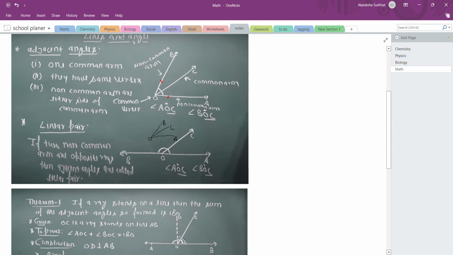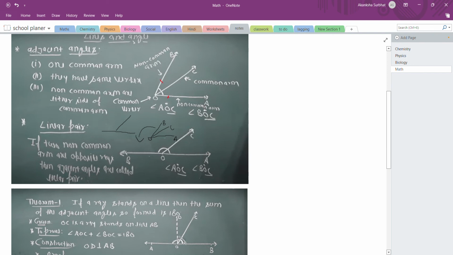So when this B right here is brought down to form a straight line, that is, it is opposite to its non-common arm. It was here, it came here, so it's opposite to its non-common arm.